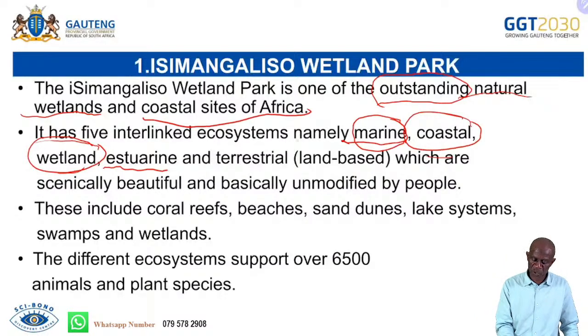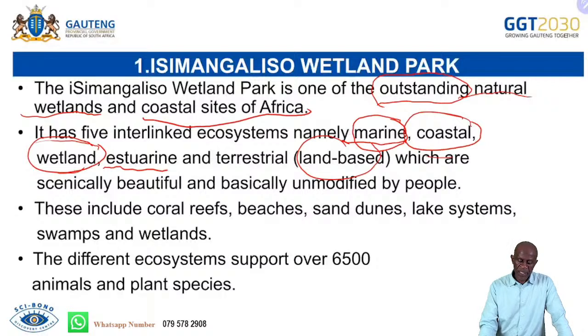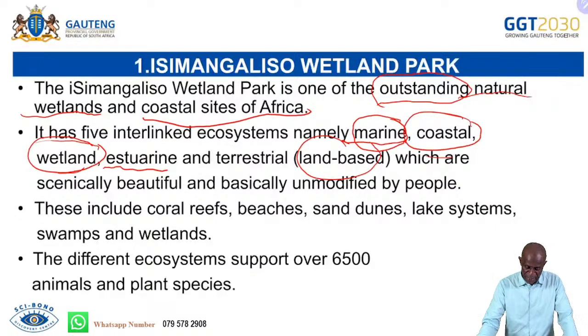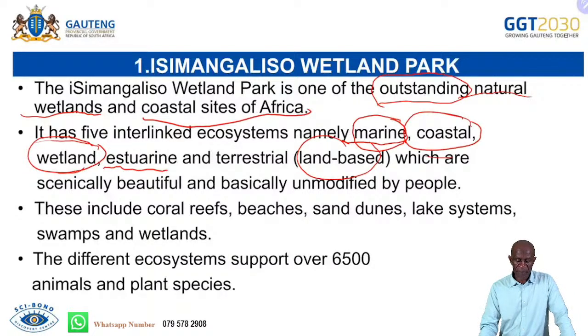Terrestrial refers to life that we find on land. So it is quite a fascinating combination of 5 ecosystems, 5 different kinds of life that we find in this World Heritage Site.